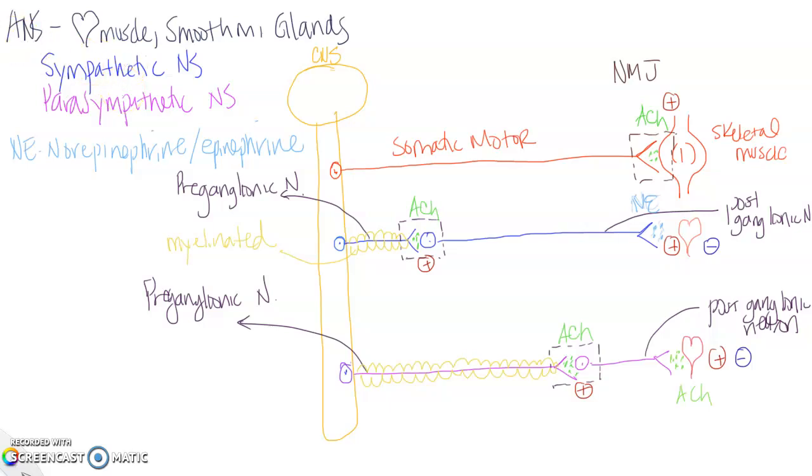In the sympathetic system, there is something else that can happen. There is a preganglionic neuron that goes to an actual organ.